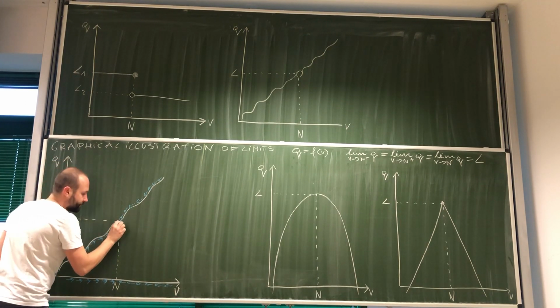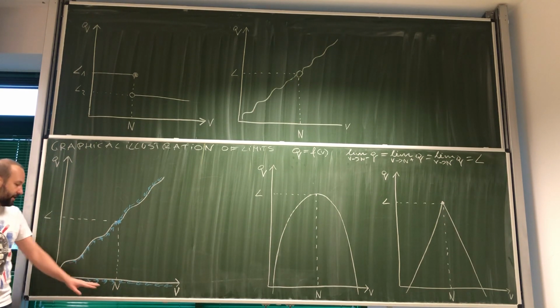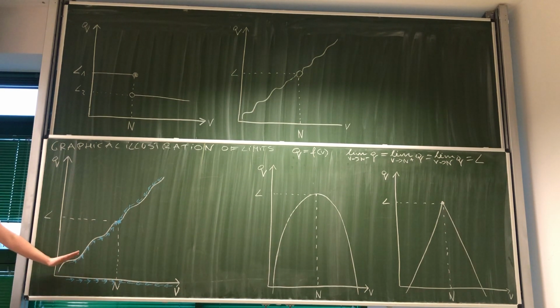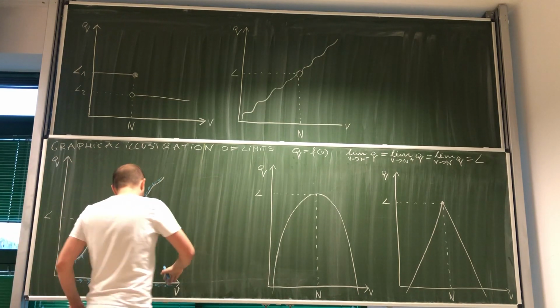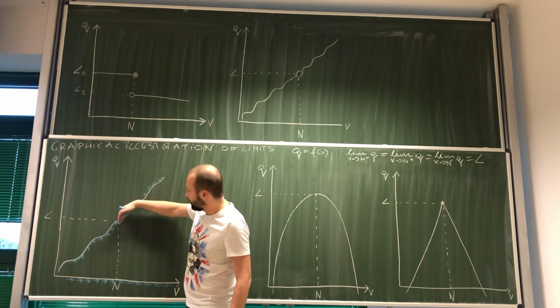And look, what we see over here is that when we evaluated the limit from the left side, we were getting closer and closer to this point. When we were evaluating the limit from the right side, we're getting closer and closer to this point.